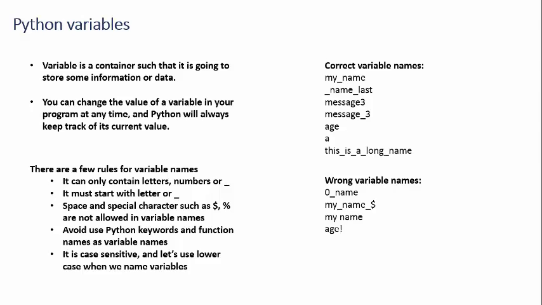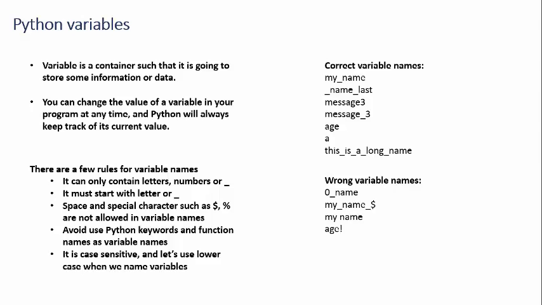And we have Python keywords and function names like print. Try to avoid using those keywords and functions as variable names. It is legal to use those, but you are overriding their original meanings, so try to avoid those names. And it is case sensitive, and for now, let's use lowercase when we name variables.